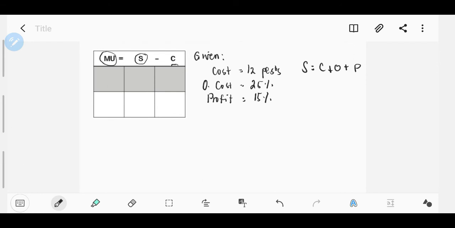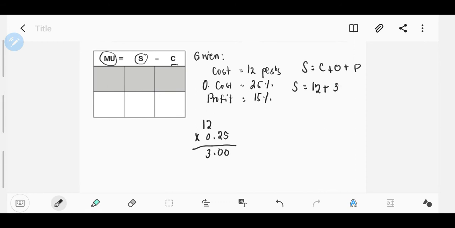So S is equal to, cost is 12, plus 25% of the cost price. So, that is 12 times 25%. 12 times 0.25. That gives us 3.